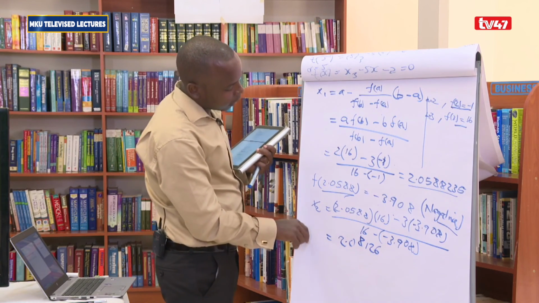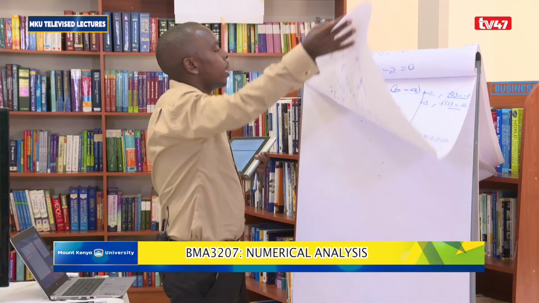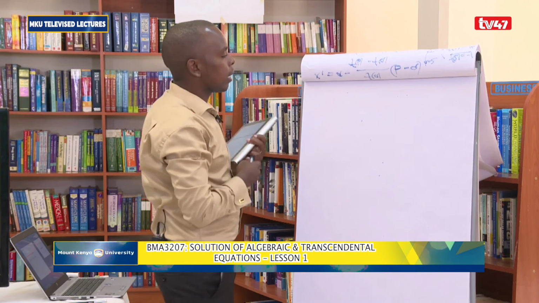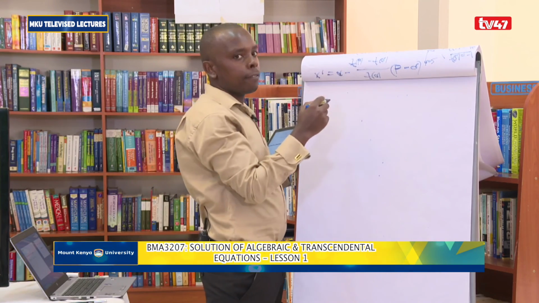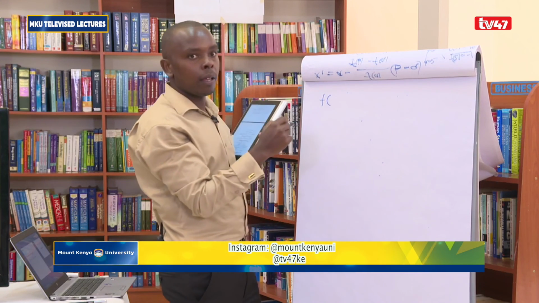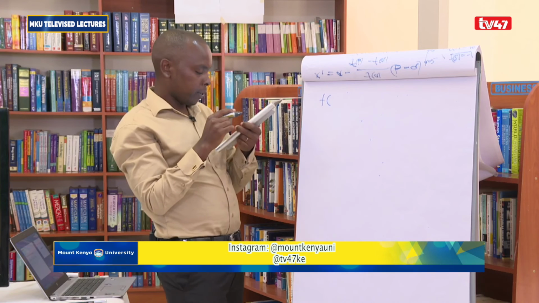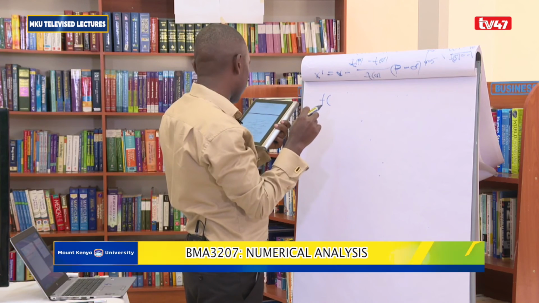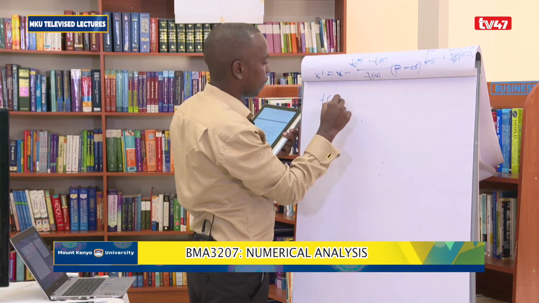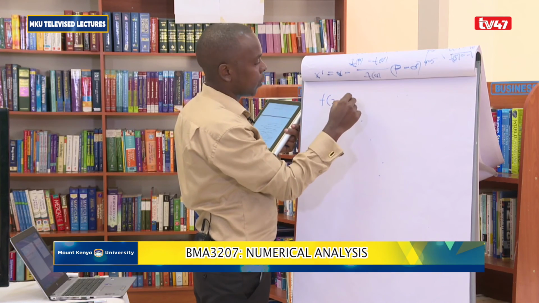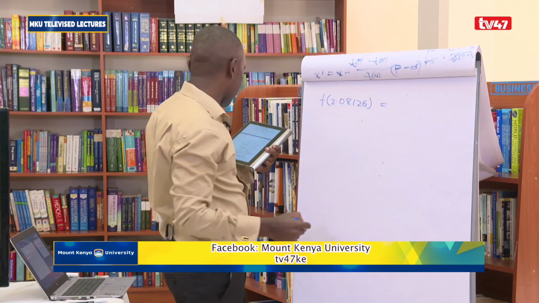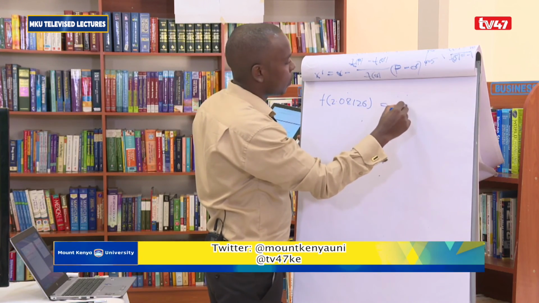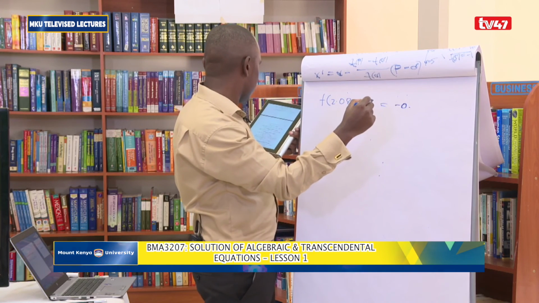So once we have our second approximation, we shall repeat the same procedure as we've done, and this involves looking for f of 2.08126. So this is giving us negative 0.1472.